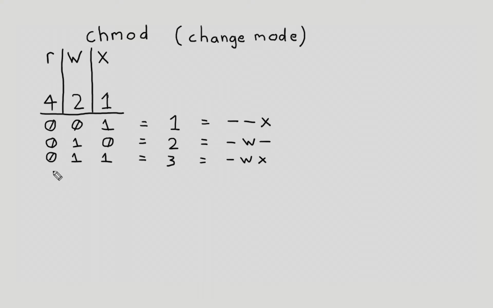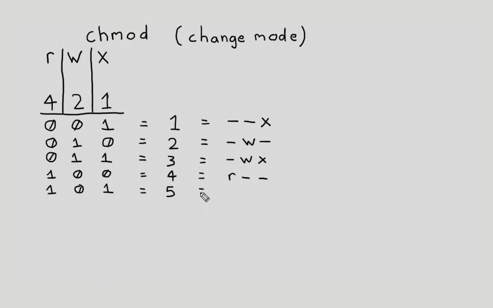Now we need the number 4. For the number 4, we have a 1 here, 0, 0. That is the number 4, and that equals read, no write, no execute. 5 would be 1 here in the 4's place, 0 in the 2's place, and a 1 here.